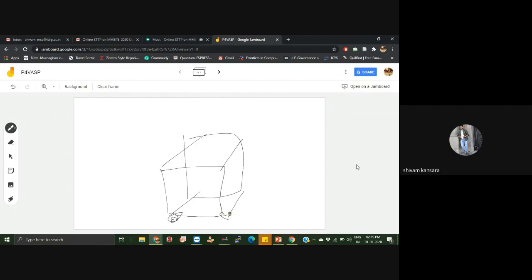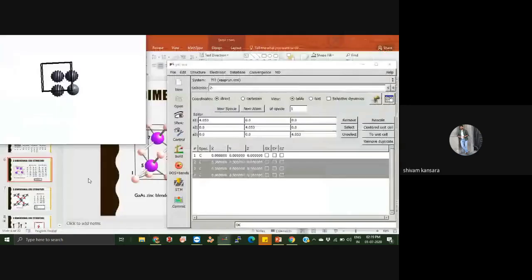In the direct coordinate, this portion is 0 and this portion is 1. The middle line is 0.5. So 0, 1, and this is 0.5, as here in the zinc blende crystal structure.